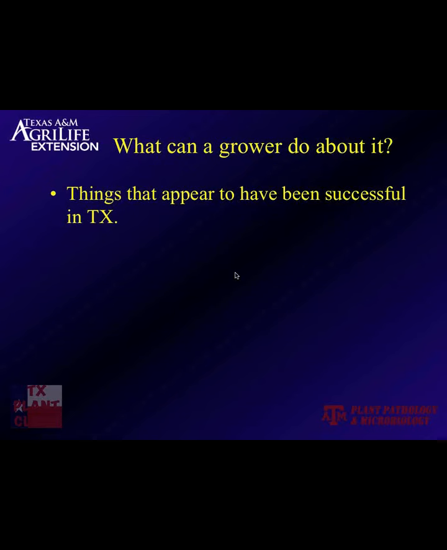The other thing that they tend to do is to rogue plants early if they see potential symptoms. They don't want to take the risk of it becoming established or getting up to epidemic levels where the sporangia are produced. So when they see any sort of symptom, they pull those plants pretty quickly. That has somewhat helped with the production.